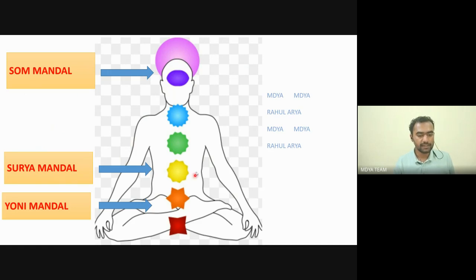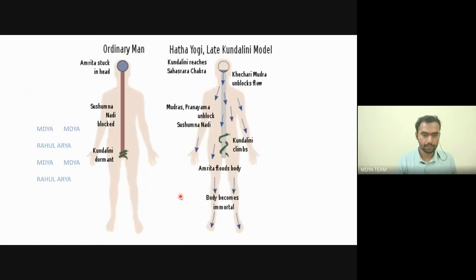Surya Mandal place is the navel region. Yoni Mandal place is the place of our reproductive organs. So it is the structure of Kundalini. Okay, and when Kundalini moves, it's not the exact structure, it will move inside the Sushumana nadi, not outside.